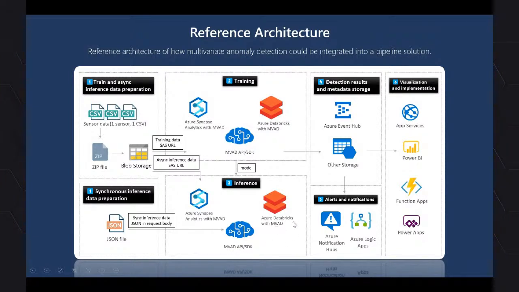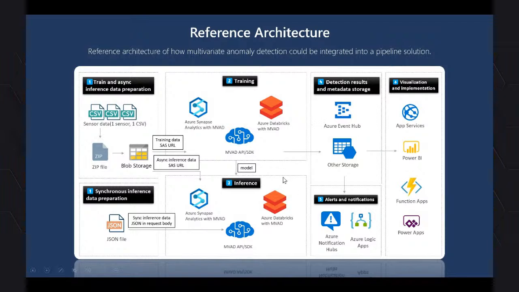You can also use Azure Databricks with the MVAD, because the integration that we have released is integrated into SynapseML, the open library, as I just mentioned before. So you can use this open library in both Azure Synapse and Azure Databricks.